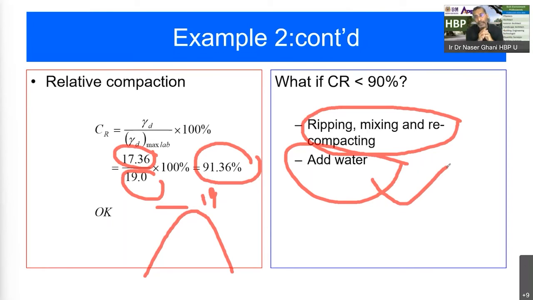That way, the required compaction can be achieved. So those are the things that need to be done in case your compaction does not reach the required specification.